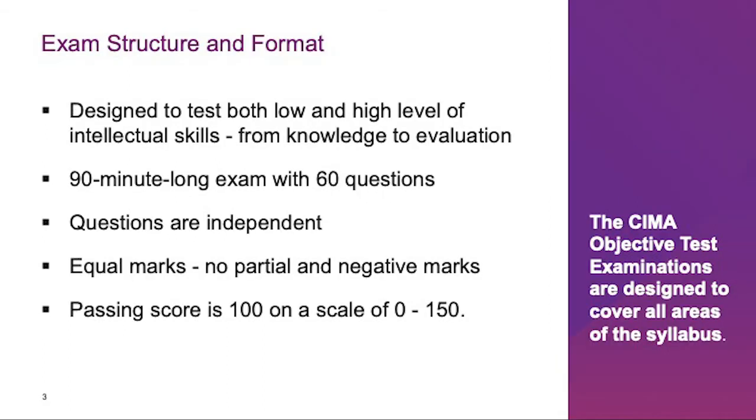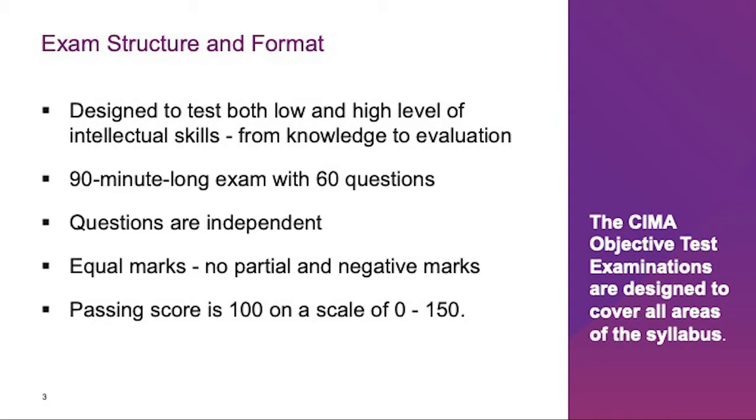Each objective test exam is 90 minutes long and comprises 60 questions drawn from across the individual subjects of the syllabus in line with the weights for each content area as set out in the examination blueprint. All questions are independent and worth equal marks.